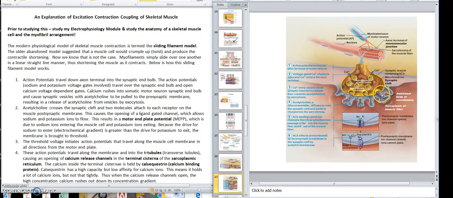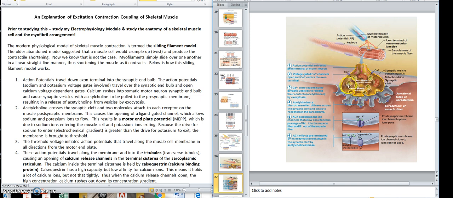The calcium ions come in because calcium's in a higher concentration outside the cell than inside. The calcium shoots into here in this synaptic end bulb. That causes these synaptic vesicles to pull down to the surface.